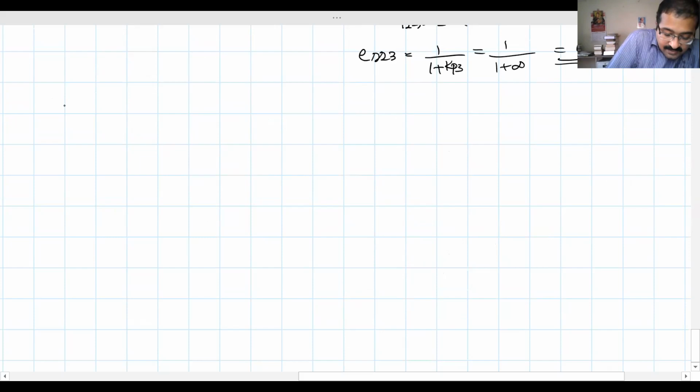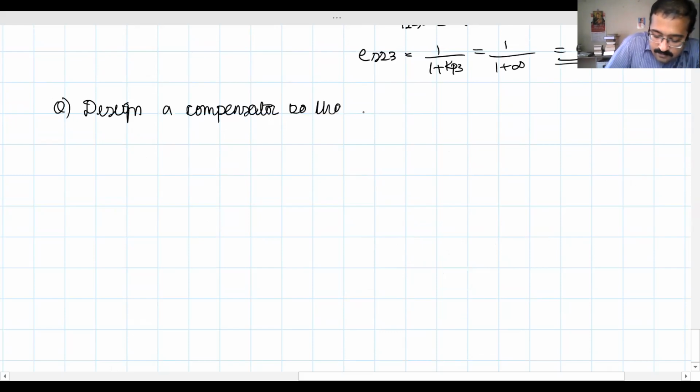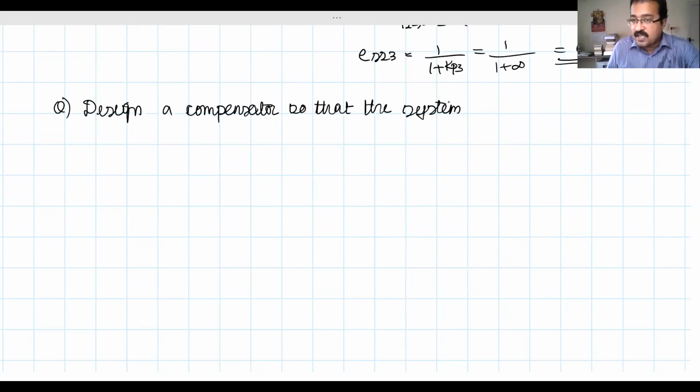So this is a question. Design a compensator so that the system, which system? The closed loop system, the compensated closed loop system. That's the meaning. Keep in mind our open loop plant is fixed. You cannot change that. Only the closed loop system can be changed.